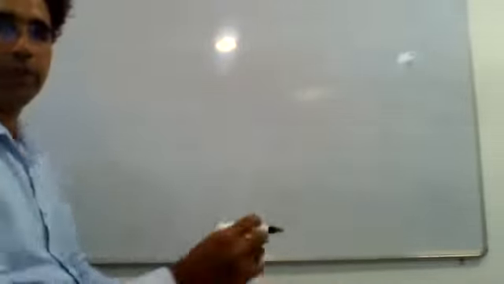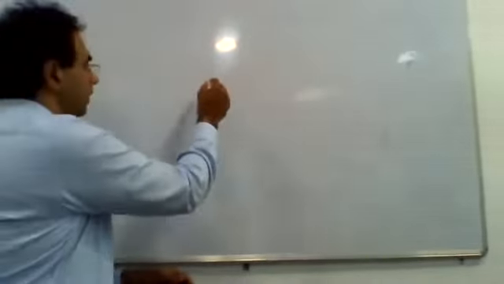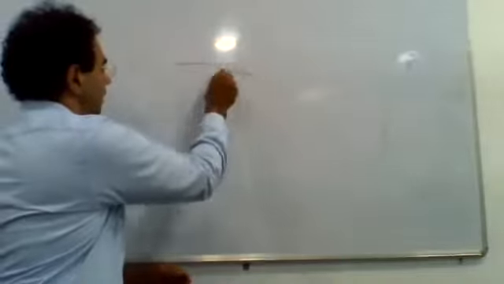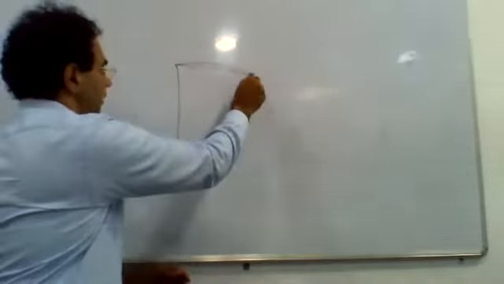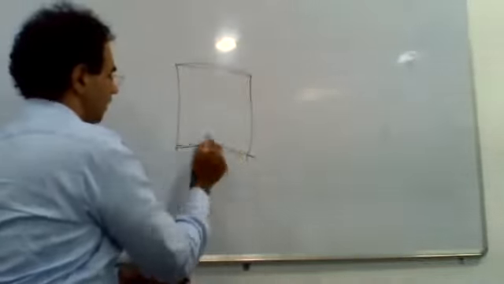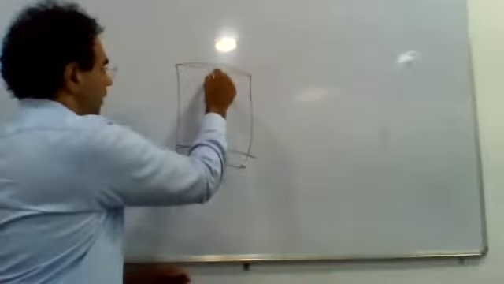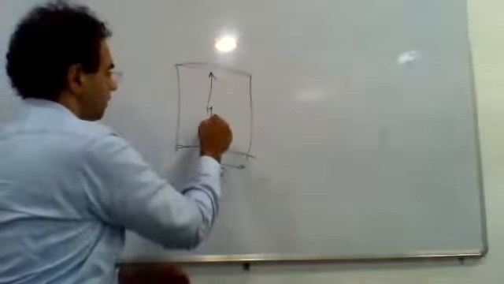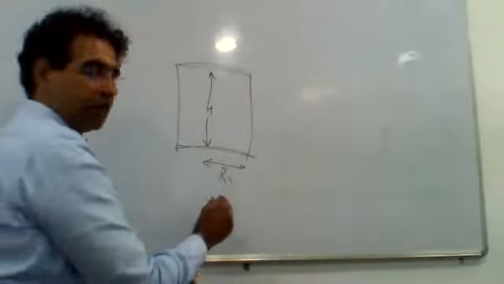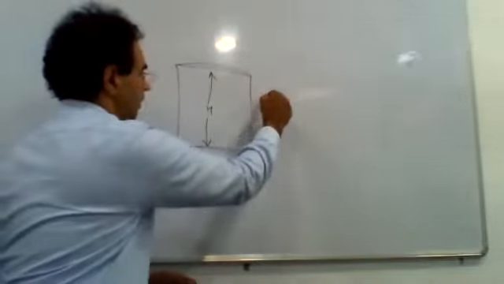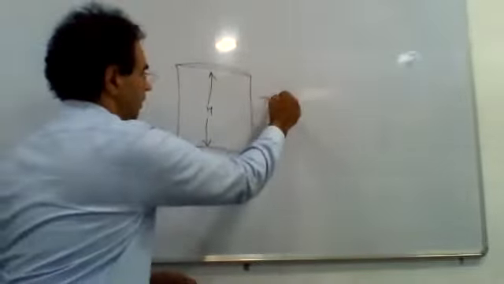So we know that a cylinder of radius r and height h has a volume of pi r square h.